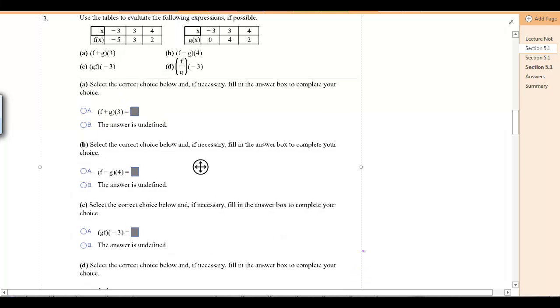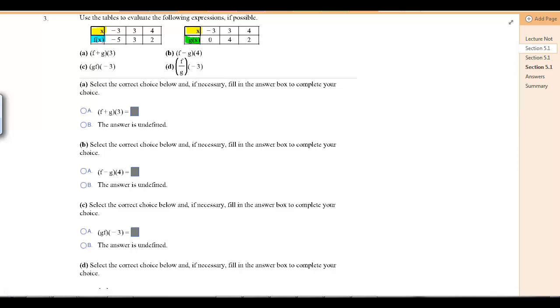All right, so we've got some tables with some numbers, and we're asked to evaluate some expressions, some orders on these operations. So what you need to recognize is that you've got an x line in both of these tables, and then here's our two functions, f of x values and g of x values.